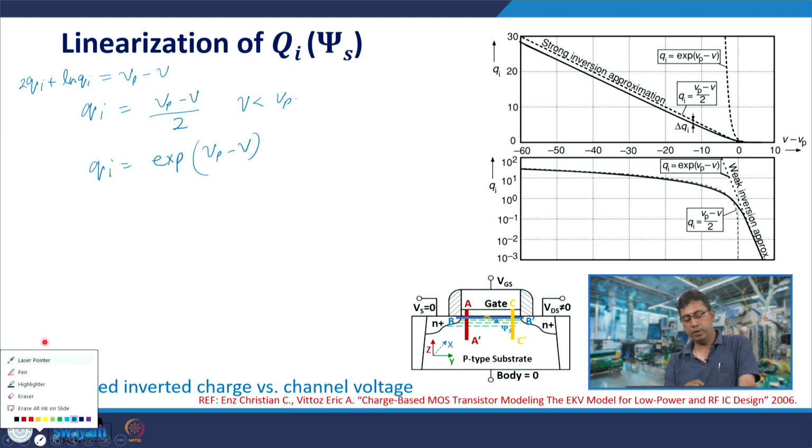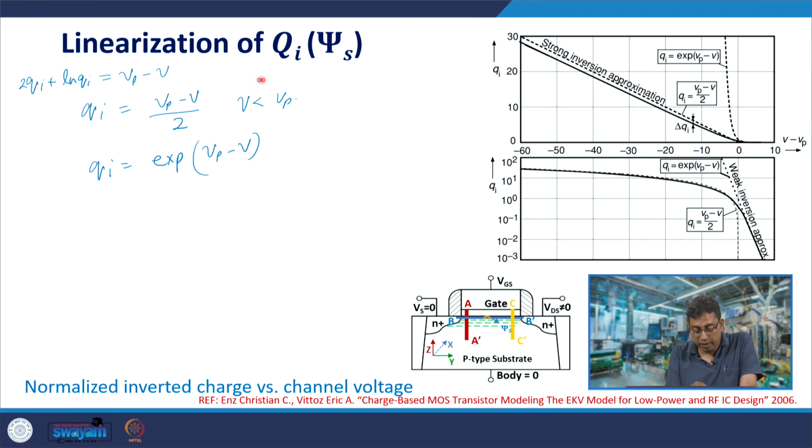As you may have observed, these approximations are both valid for V being much smaller than Vp and V being much larger than Vp. So, these are valid in strong inversion and weak inversion.